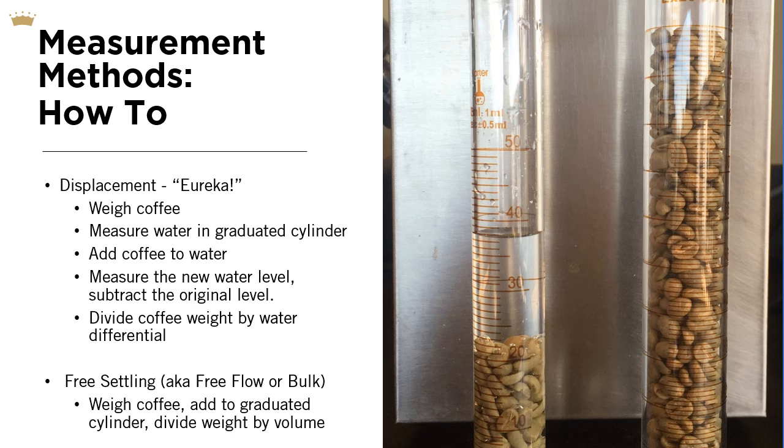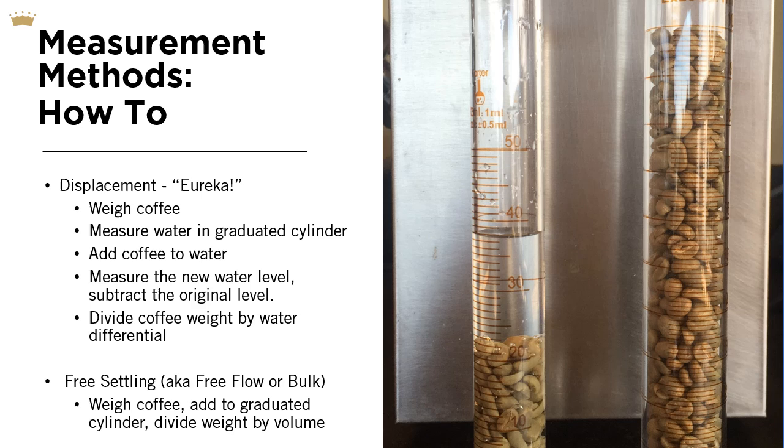So to do this in your lab setting, weigh your coffee first, and then measure a known quantity of water into your graduated cylinder, let's say 30 or 40 milliliters, for example. Once you know your level of water, add the green coffee to that water level, and then measure the new level at which the water has been displaced to. So let's say you add 20 grams of coffee and it displaces your water by 25 milliliters.